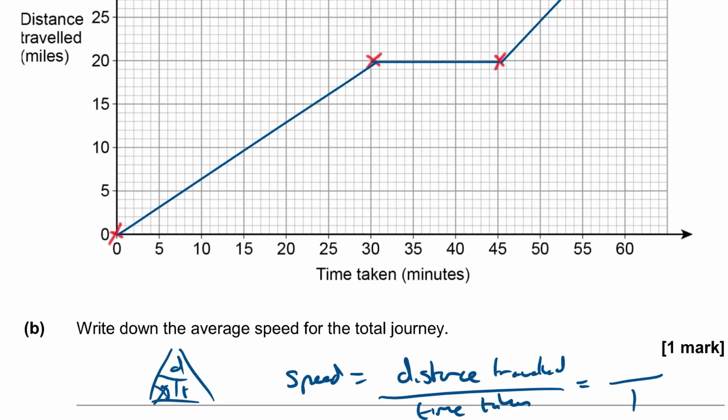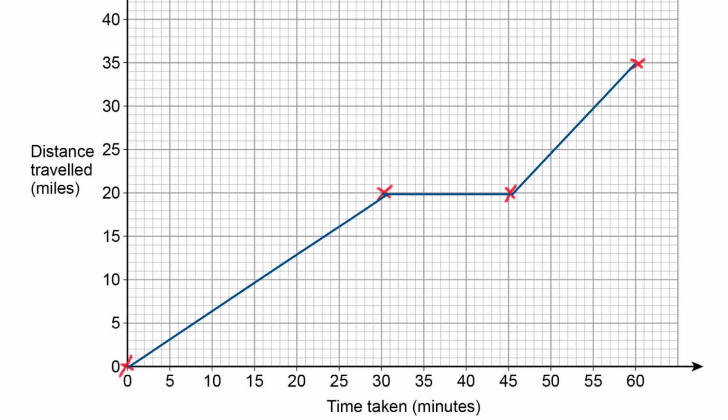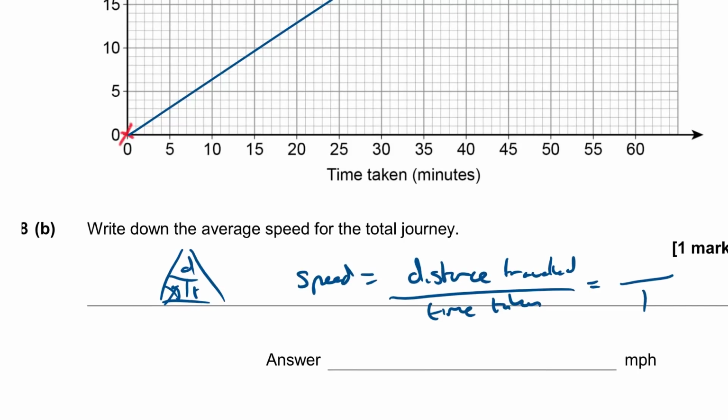That's going to make our dividing very easy. So how much distance did she travel then? So she started at 0 and ended up at 35. So she's traveled a total distance of 35 miles in 1 hour, giving her an average speed for the entire journey of 35 miles per hour.